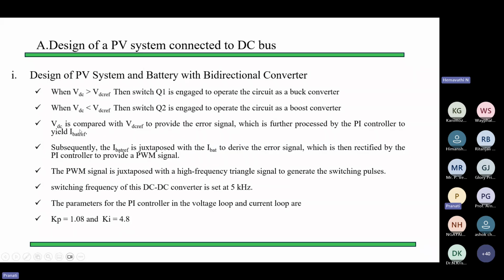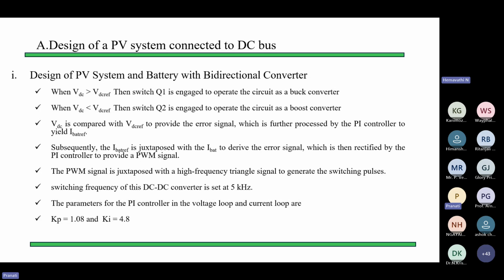Now VDC is compared with the VDC reference to provide the error signal, which is processed through the PI controller. The battery reference is compared with the I battery to derive the error signal, which is processed through a PI controller to provide a PWM signal. Now the PWM signal is compared with a high frequency triangular signal to generate the switching pulses.